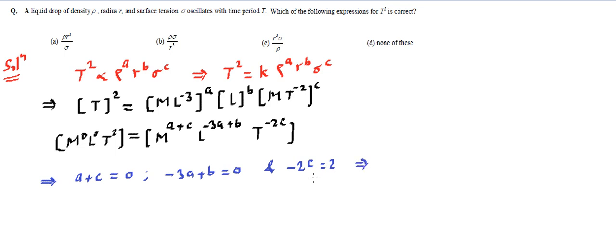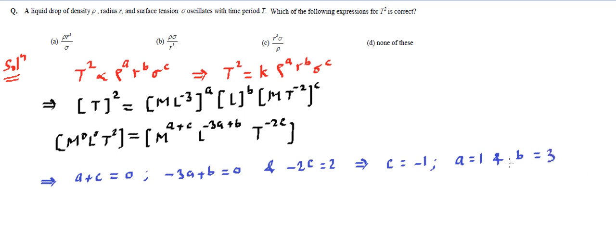From the last equation, we find c directly: c is minus 1. Then we put the value of c in the first to get a, so a has to be plus 1. Once we know a, we can find b by using the second relation: b is equal to 3a, so b is 3.